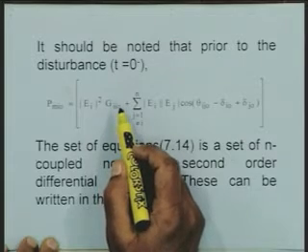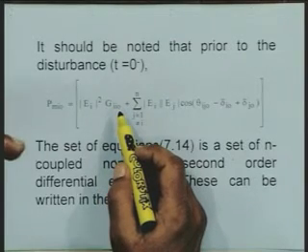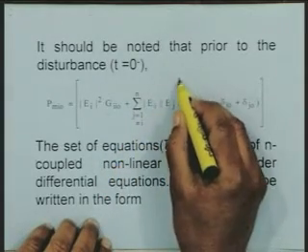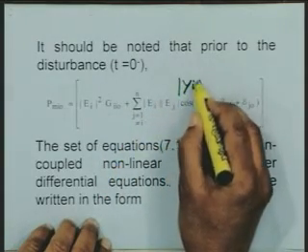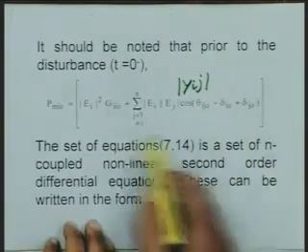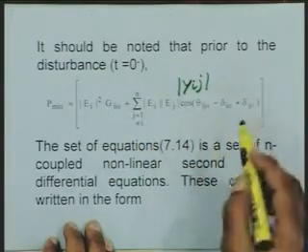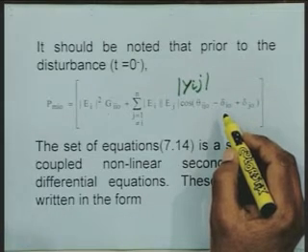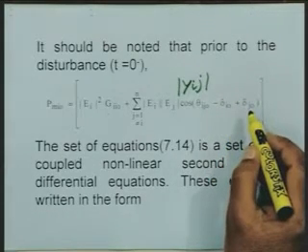I am putting 0 here, which means this is the element of the Y bus matrix before the occurrence of the transient. Again here you have Yij. That is the complete expression. Wherever the angles were delta i, I put delta i0, delta j0.